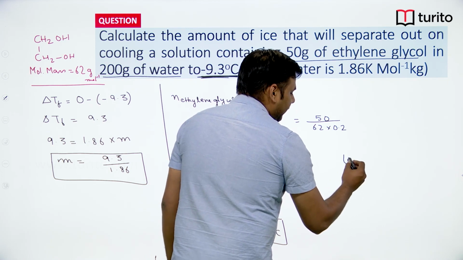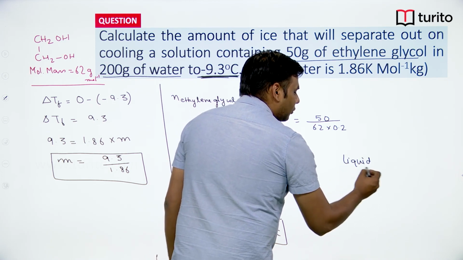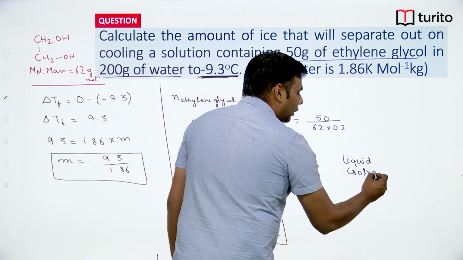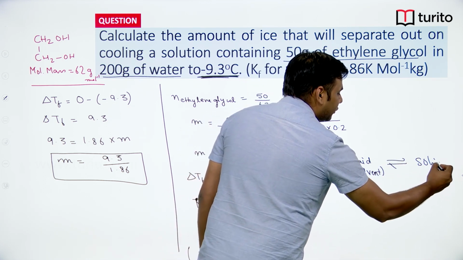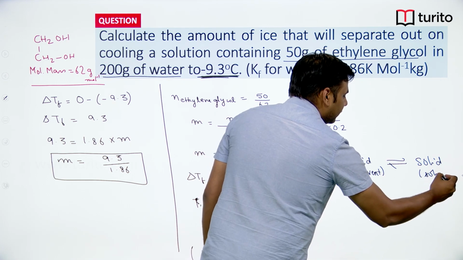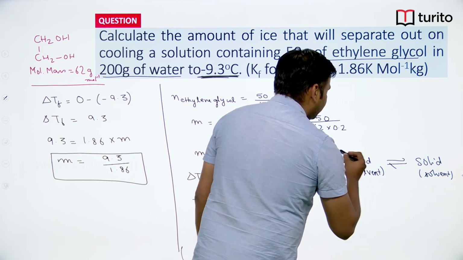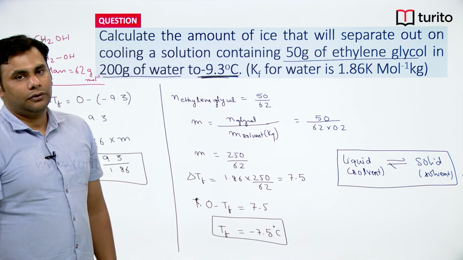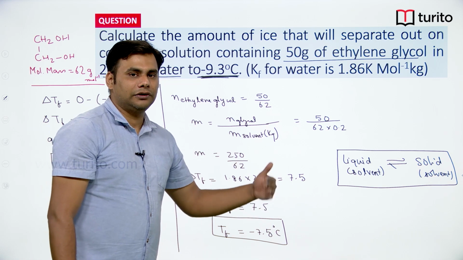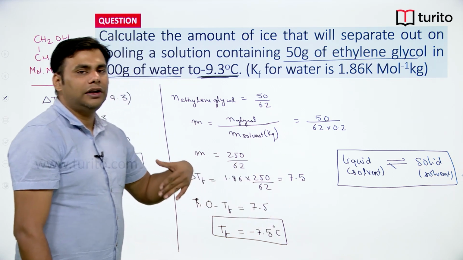During freezing, only the liquid solvent is getting converted into solid solvent. So the equilibrium is always between the liquid and the solid solvent. The non-volatile solute does not generally go into the solid.